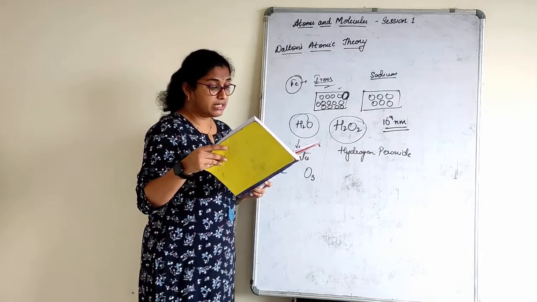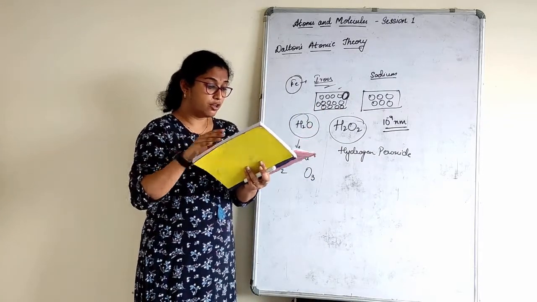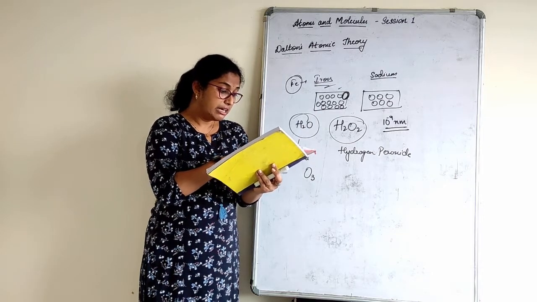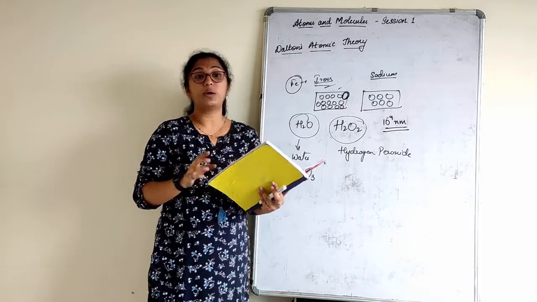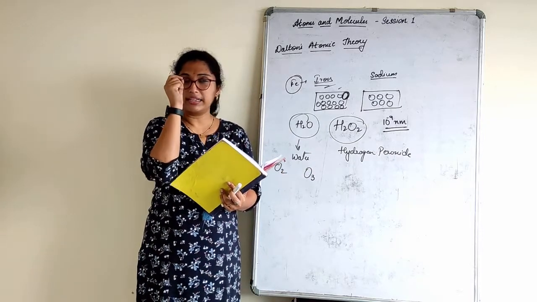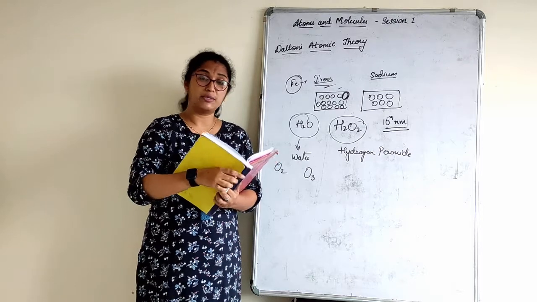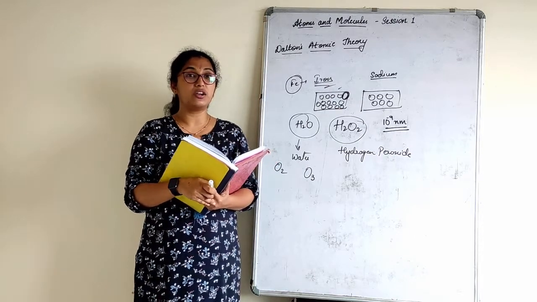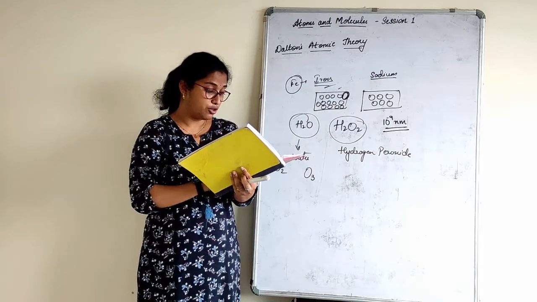According to modern atomic theory, the atom is the smallest particle. Atoms are very small, which can't be seen even through a powerful microscope. Cells and bacteria, though they are very small, we can see through a powerful microscope, but atoms we cannot see even through a powerful microscope.